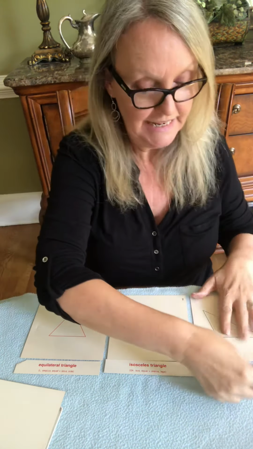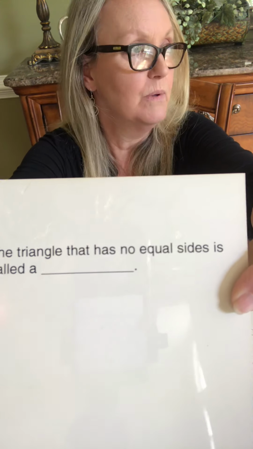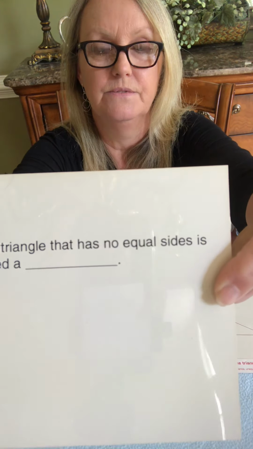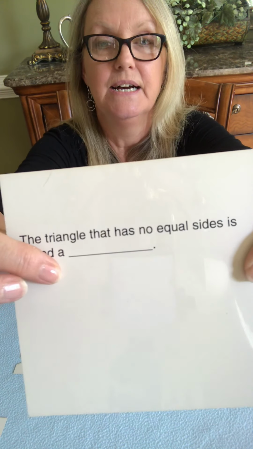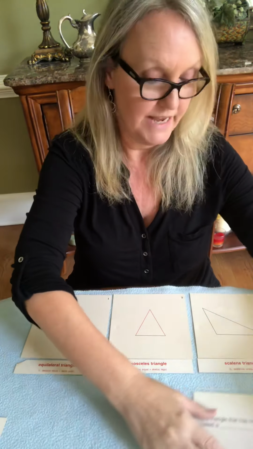So for those of you who've worked on this, this is fairly simple work, but it's important that you remember. The triangle that has no equal sides at all, it's unequal, is called a scalene triangle.